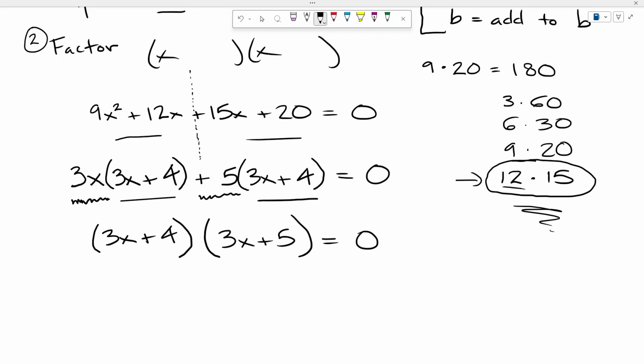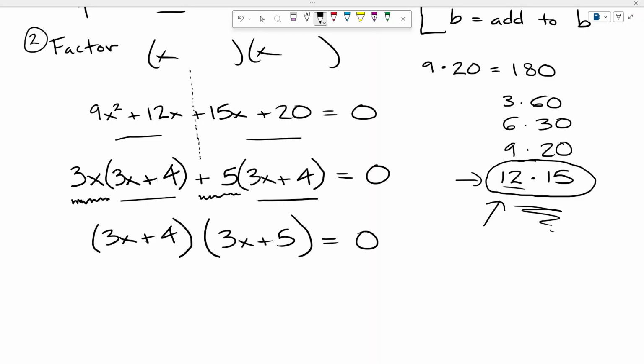So again, for the factoring step, we wrote it out, splitting the middle term with the factors that we decided on, all right, factors of a times c. We split the middle term using our factors, and then we cut the left side in half and factored by grouping.